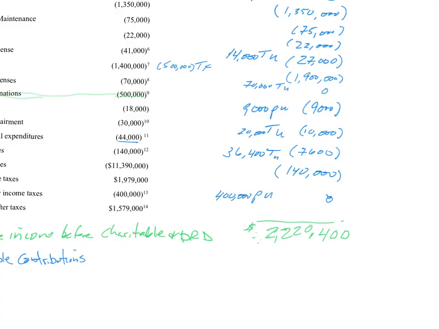So let's go back. Now, what did they deduct from a book perspective? From a book perspective, they deducted $500,000. All right. So what are we allowed to deduct? We are only allowed to deduct $222,040.